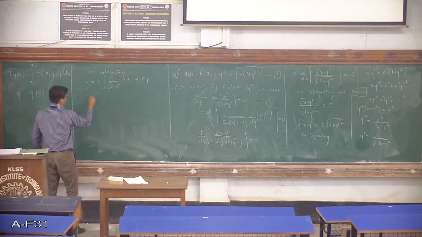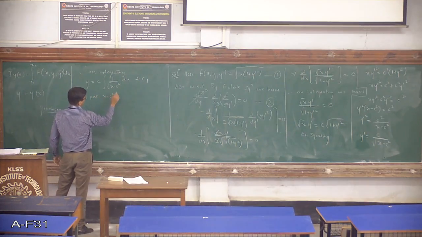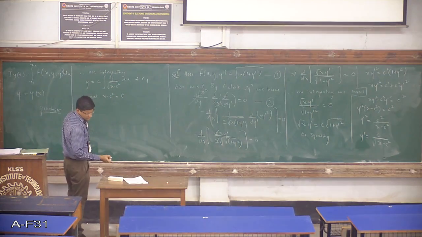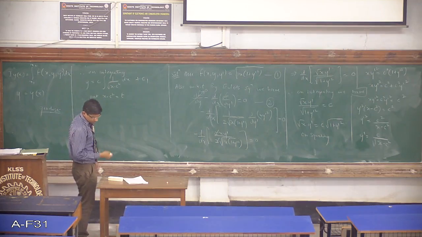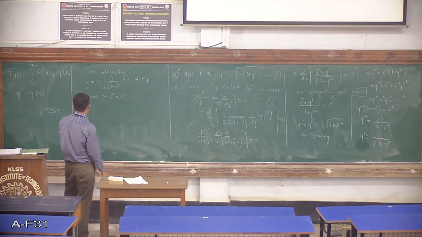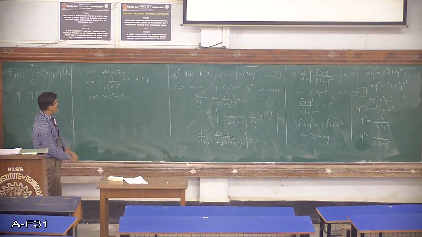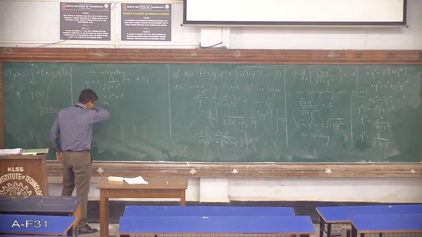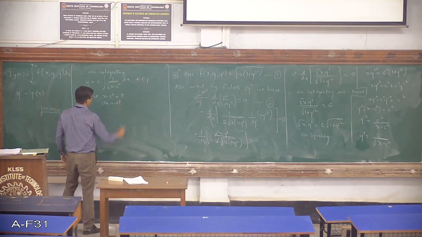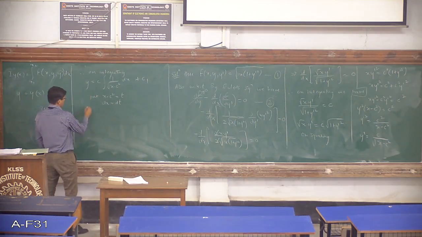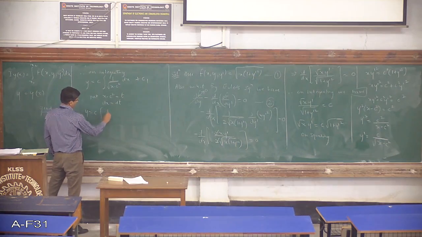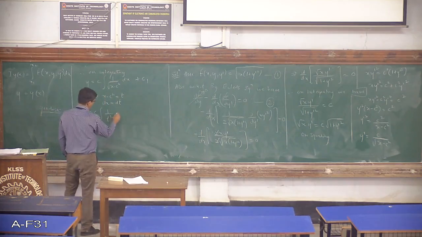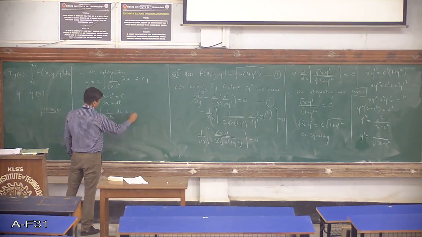Now if you put x minus c square is equal to t, differentiating with respect to t, this turns out to be dt. So y is equal to c times the integration of 1 upon t power 1 by 2 dt plus c1.